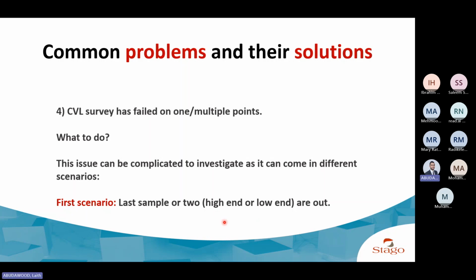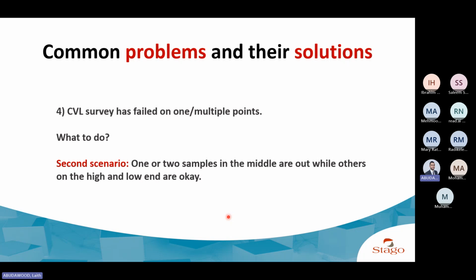First scenario is the highest sample failed or the lowest sample failed, or the last two highest samples failed, or the lowest two samples failed. How do I deal with this? So only the extremes, one of the two extremes failed.